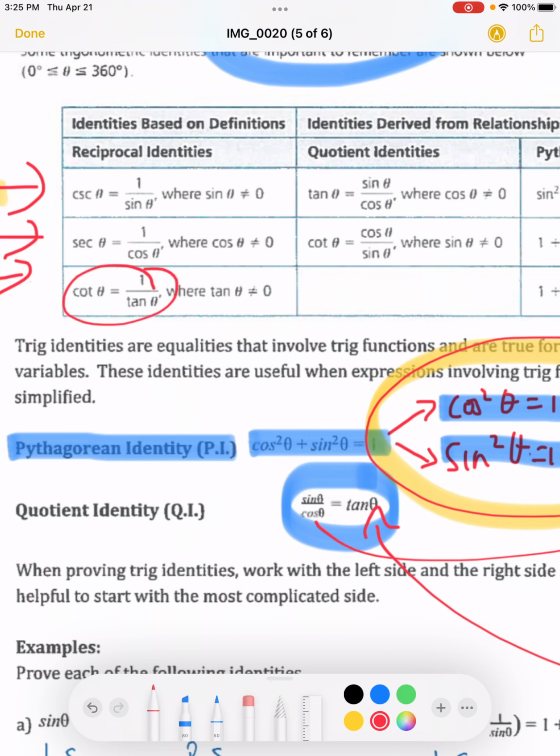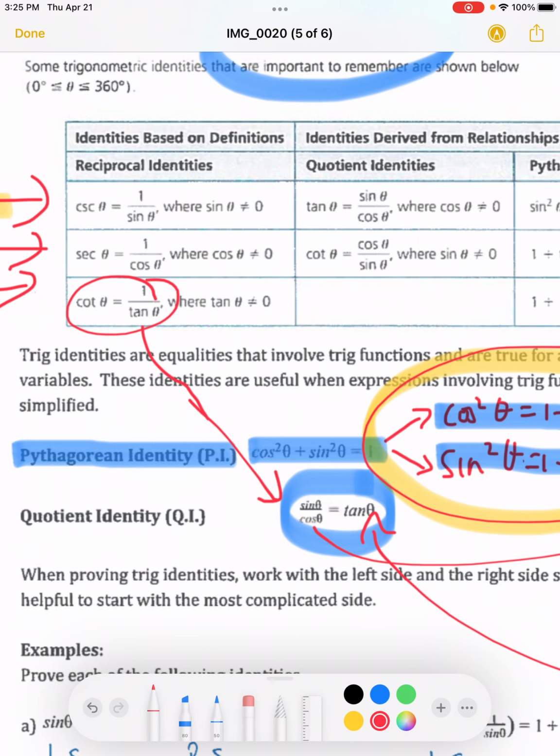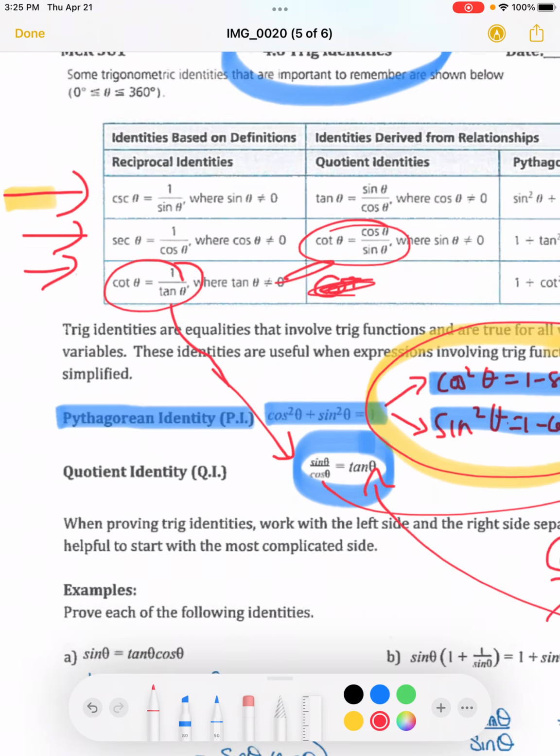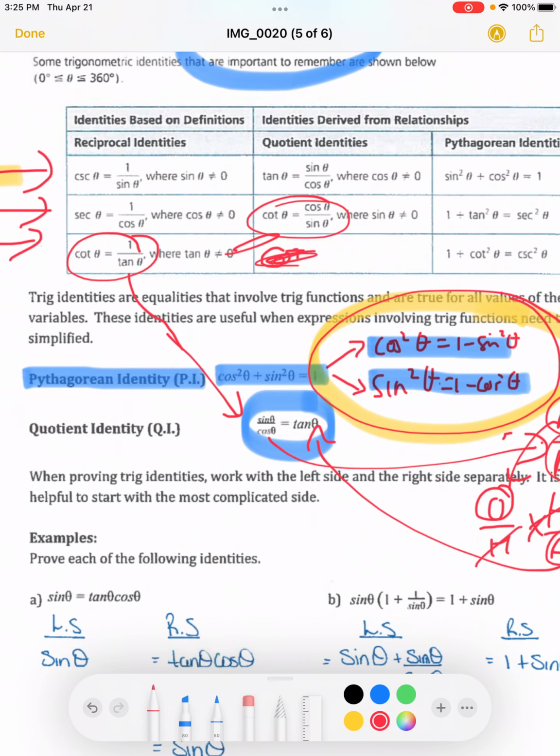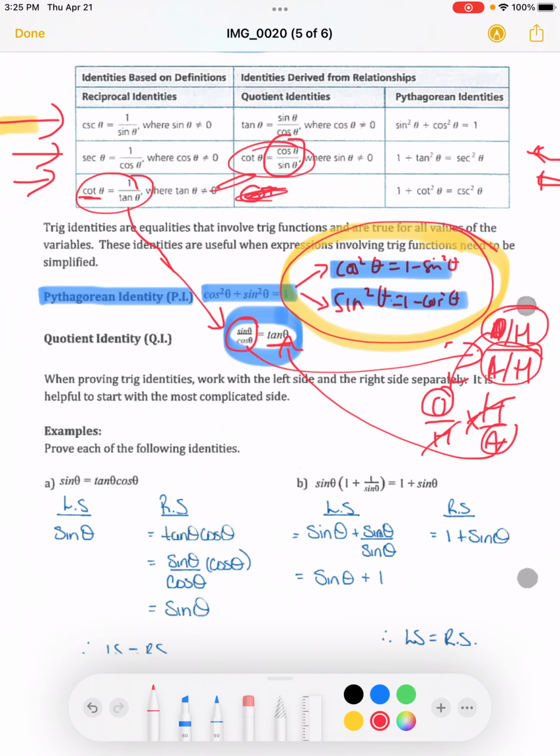Another thing: if cotangent is 1 over tan, then you can flip this, so cotangent is also cos over sine. So we flip tangent to get cotangent, and then we flip sine over cos to get cos over sine. Those are all the identities.